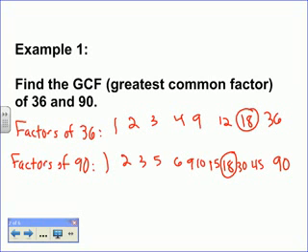So you list the factors of both numbers. The purpose of greatest common factor, does anybody know how you can use that with fractions?